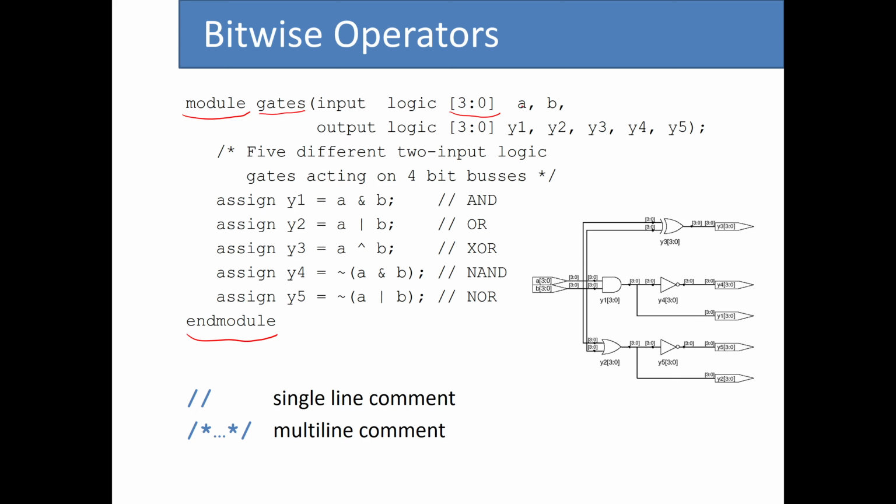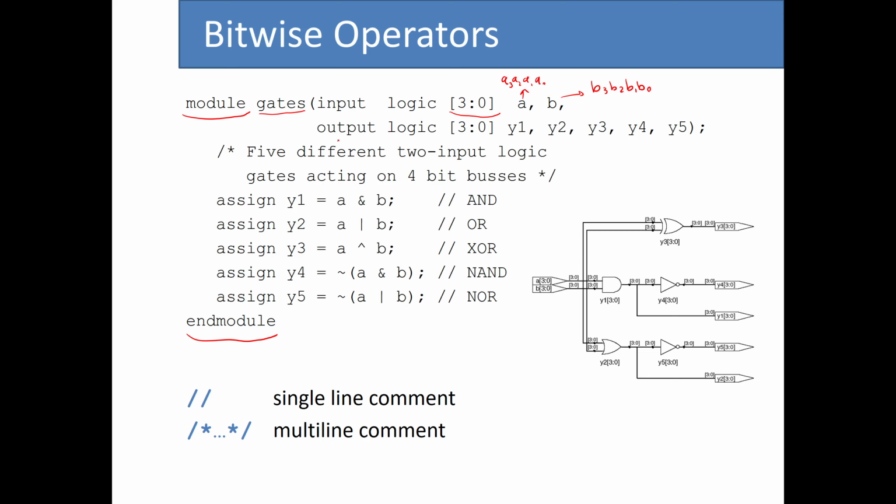So this basically means that input A is actually A3, A2, A1, and A0, and similarly for B as well. So input B is B3, B2, B1, and B0. By specifying the size or the bit numbers here, we tell System Verilog that A and B are 4-bit values.